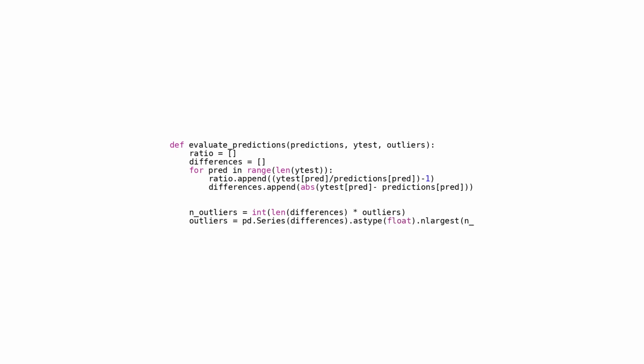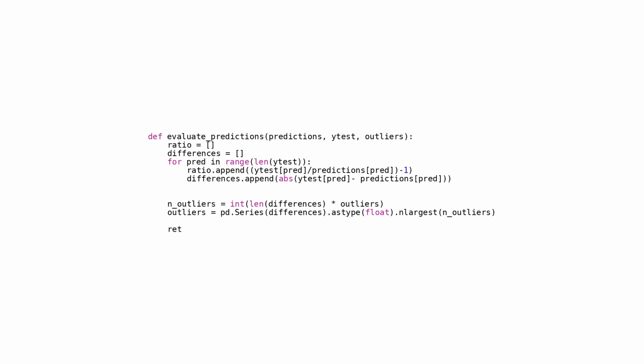It then determines the number of outliers to be considered based on the provided outliers proportion and the length of differences. Using a data analysis library called pandas, the function selects the largest values from differences and returns them as a tuple along with ratio and differences. These largest values are considered as the outliers of the given dataset.